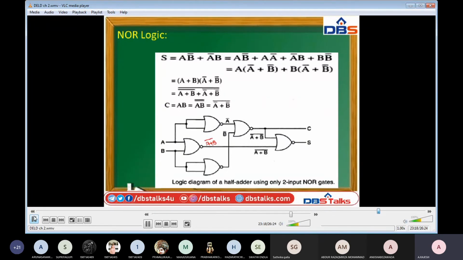So this is our first one. This is 2, this is 3, this is 4 and this is 5. A and B are given as input to the first NOR gate, then the output will be A plus B whole complement.